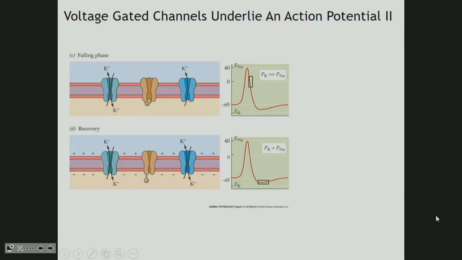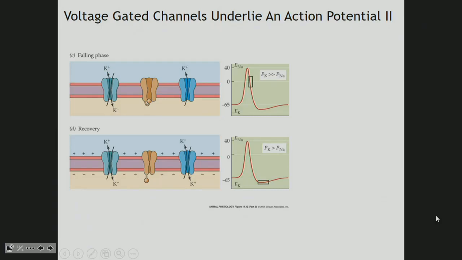And at that point, voltage-gated potassium channels open up and let the potassium, which has built up inside the cell, out. So you're increasing the permeability to potassium, which makes the membrane potential drop back towards the equilibrium potential for potassium. And again, on top of all of this, and not shown here, the sodium-potassium ATPases are just doing their thing.